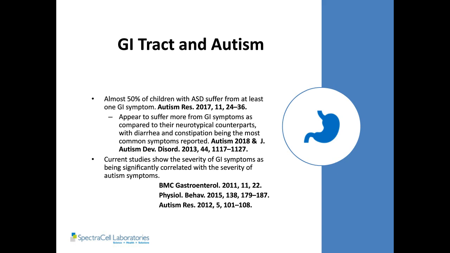So what's important when you are evaluating this group of individuals, not just the individual themselves but the parents of these individuals, is getting a good history of the GI function of this individual. Are they constipated? Do they have diarrhea? Do they have irritable bowel syndrome? Do they have a lot of flatulence? What are the things that are occurring?